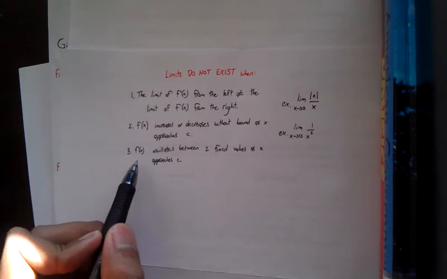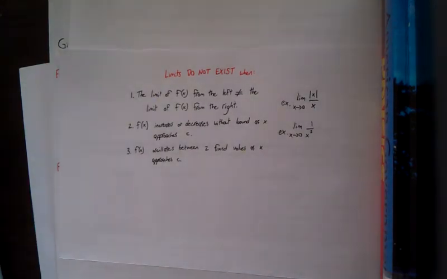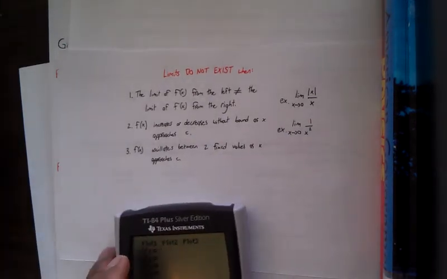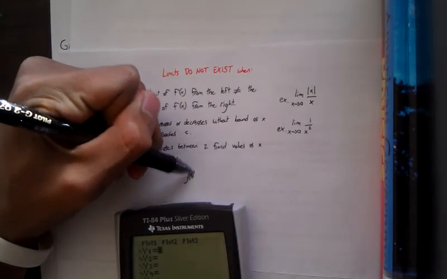And the final circumstance in which the limit does not exist is when f of x oscillates between 2 fixed values. That's pretty much saying that the graph begins to do this towards the limit.